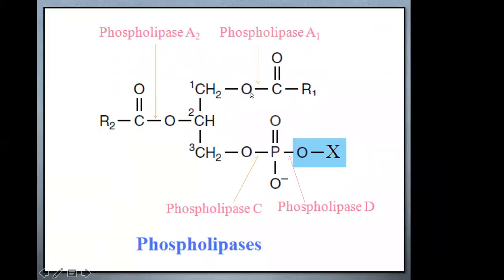Phospholipase C acts at carbon number 3. Please remember it. And phospholipase D further hydrolyzes and releases the X group.